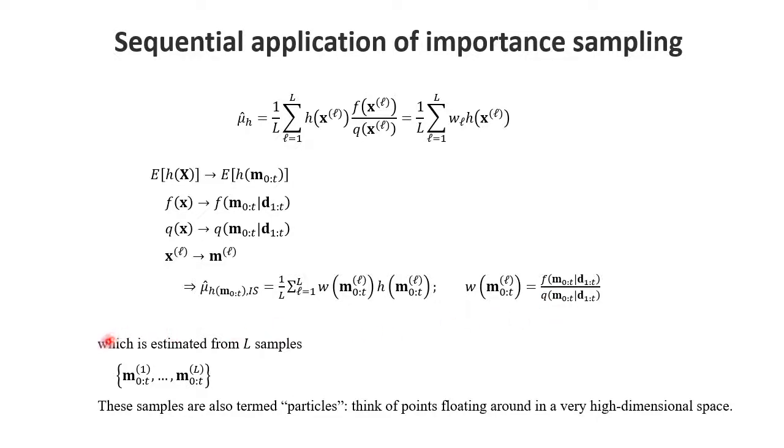This is also called particle filtering, because what we're doing is we're keeping these models in play, and instead of creating many more models, we're constantly reweighing the models using some weights. That is a ratio between the distribution I'd like to sample from and the proposal distribution, the targeting distribution.